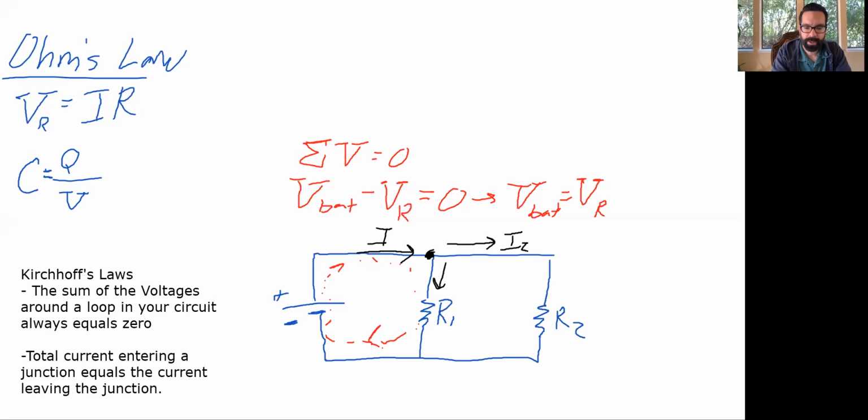Current going down, call that I1. So what the junction law says is that the total current entering that junction equals the current leaving that junction. So that's I equals I1 plus I2.